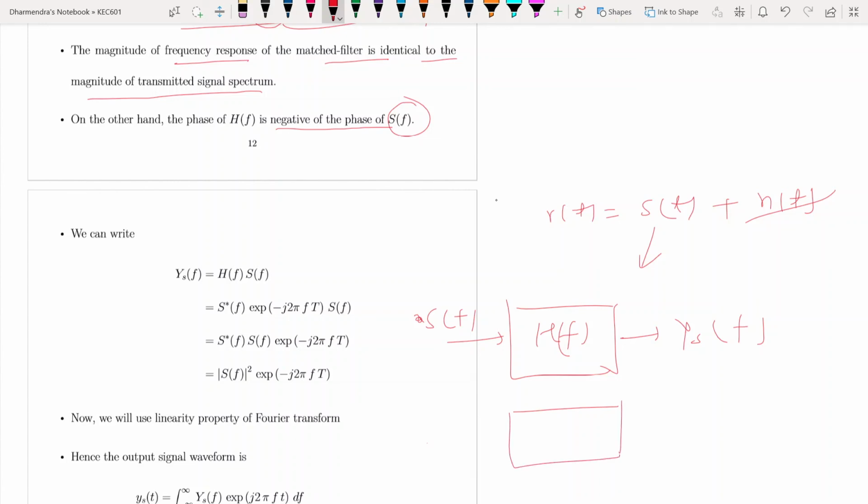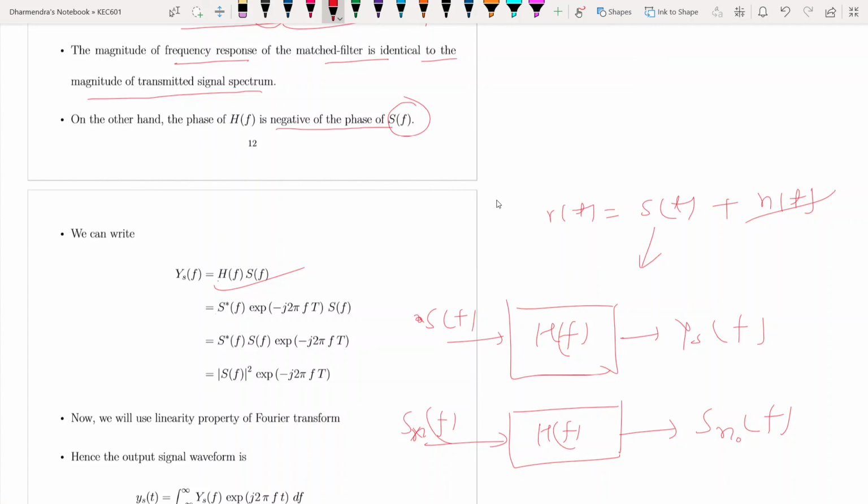Similarly, we apply the random signal, that is, the PSD of the noise, so the output PSD corresponding to this. Now S of t is deterministic. So in the frequency domain, the output Y subscript s of f will be the multiplication of the frequency response with the Fourier transform of S of t.